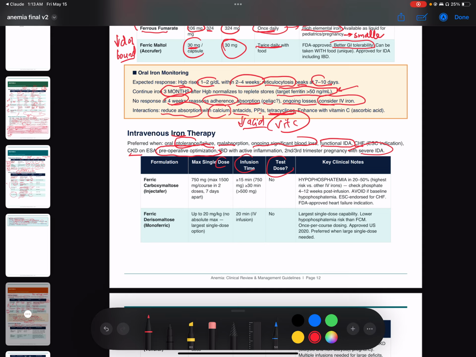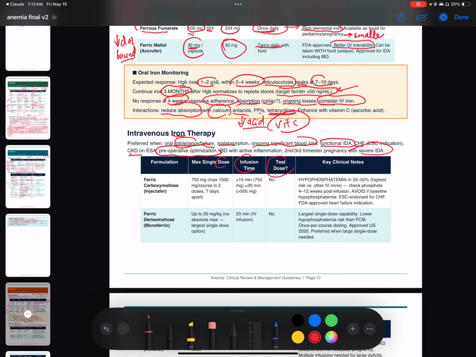So if you want to give specifically the dextran, you need to do a test dose first. You give a very small dose to make sure they don't have anaphylaxis to that particular type of iron, but that only applies to the dextran. It doesn't apply to the other forms of iron.